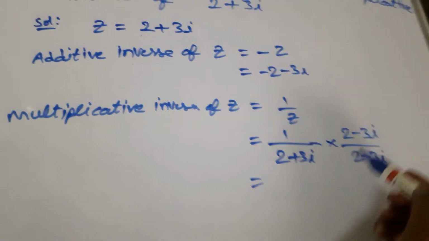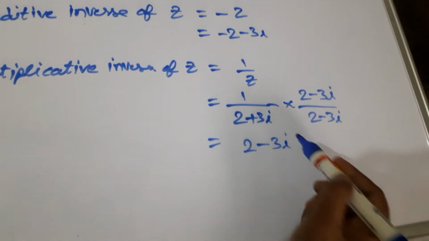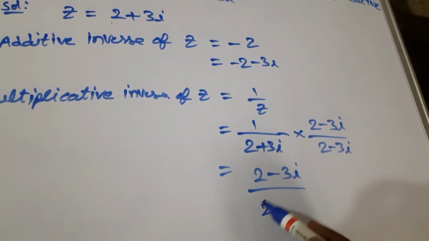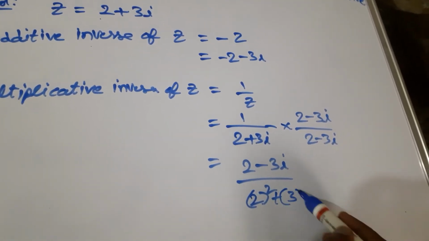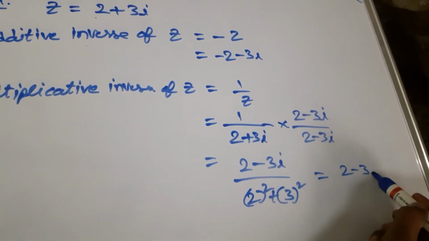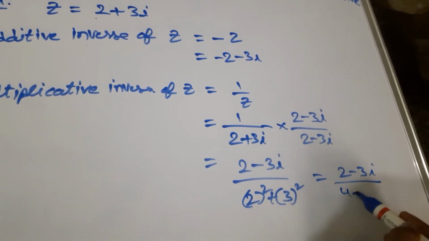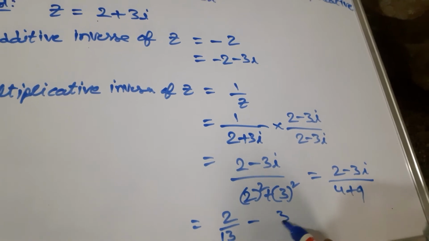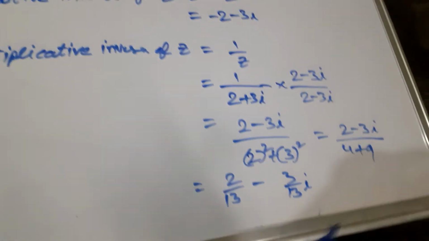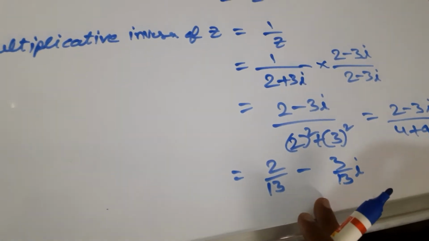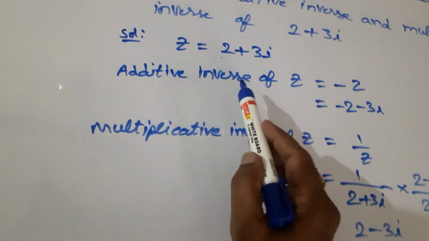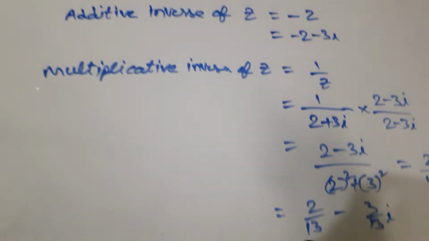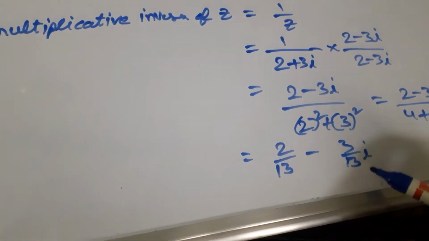So here 1 into 2 minus 3i. Here 2 plus 3i into 2 minus 3i, you will get 2 square plus 3 square. This is 2 minus 3i by, here 4 plus 9, 13. So here 2 by 13 minus 3 by 13 into i. This is multiplicative inverse of z. So z is equal 2 plus 3i. Multiplicative inverse of z, 1 by z is 2 by 13 minus 3 by 13i.